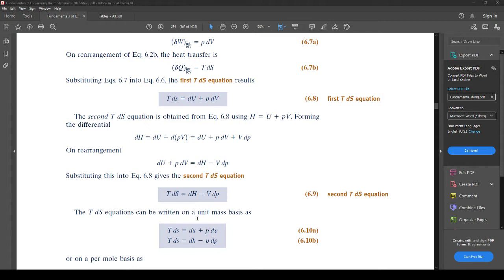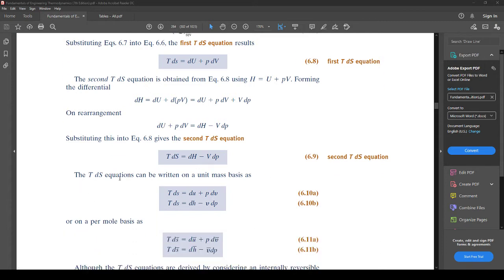So it says the TdS equations can be written on a unit mass basis as follows: TdS is equal to dU plus PdV, or TdS is equal to dH minus VdP. So this right here is what we wanted to get to. I know this got really annoying for just a second, but this is what we wanted to get to.